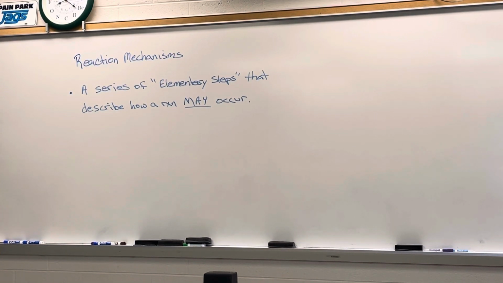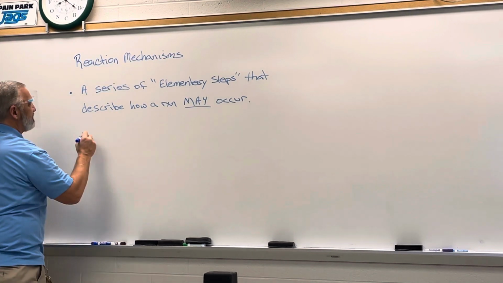Okay? And we're going to talk about criteria of what makes a mechanism valid or not, on whether or not it's a possibility. But the first thing we need to do is define, well, what is an elementary step?